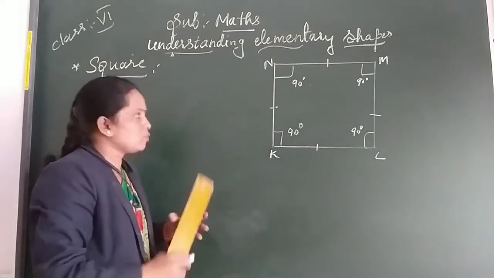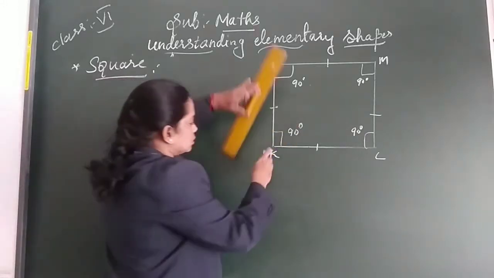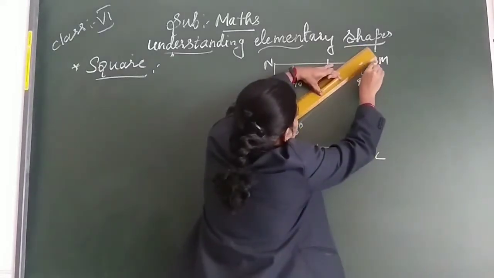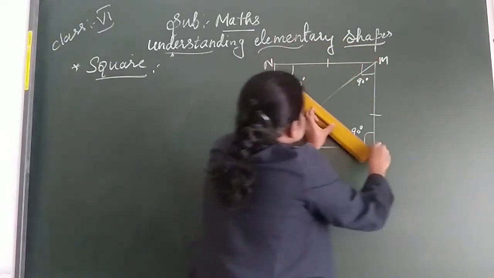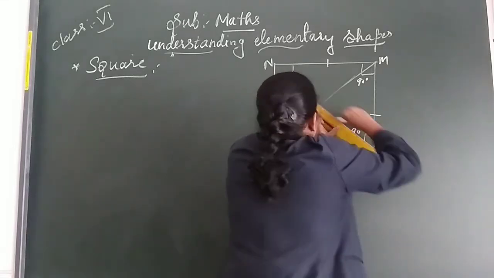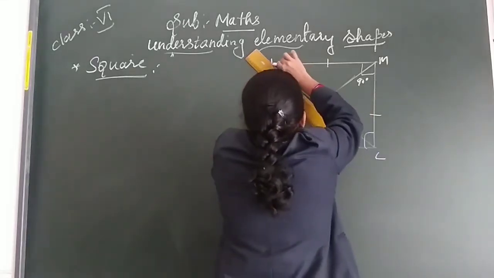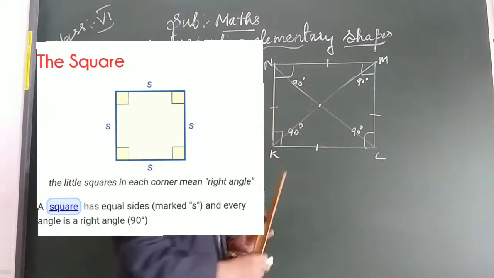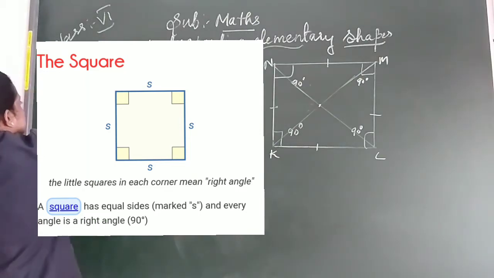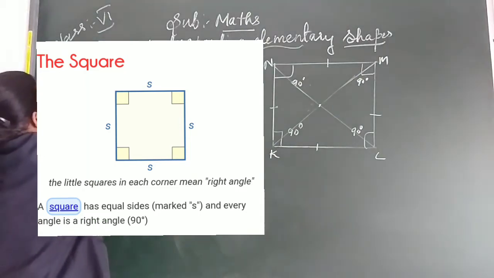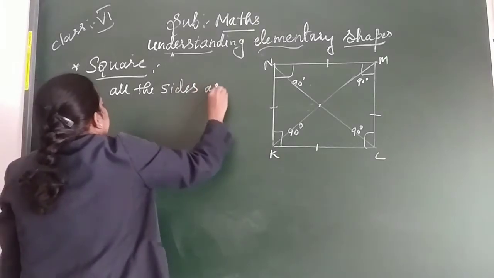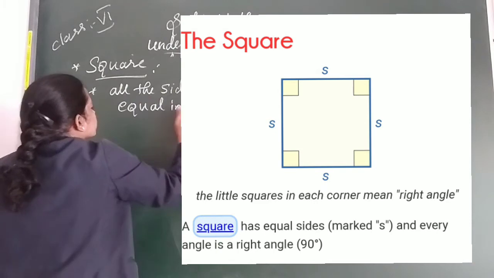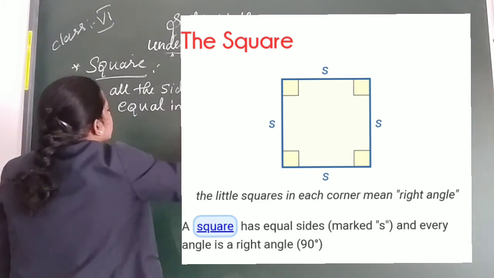And in this case also diagonals bisect each other. If you draw the line to the opposite vertices K and M, the diagonals bisect each other. So first, all the sides are equal in length.